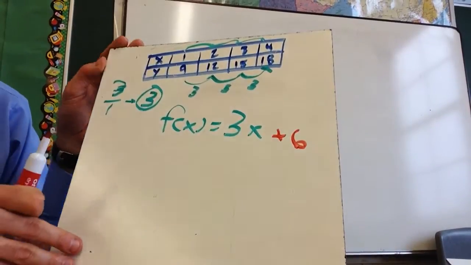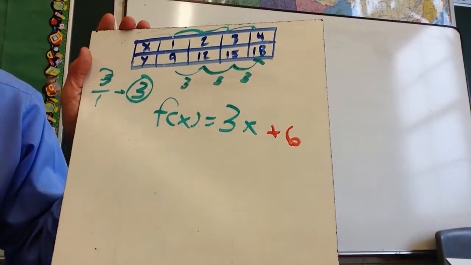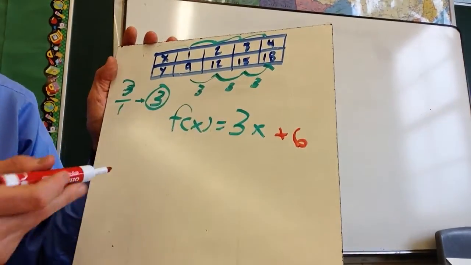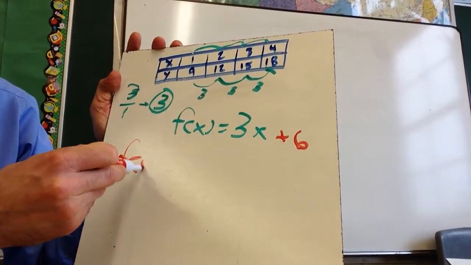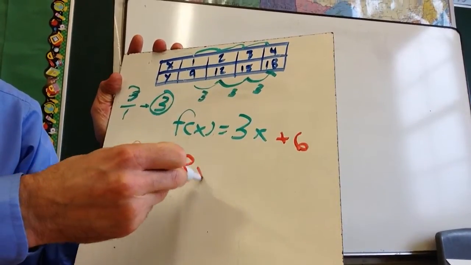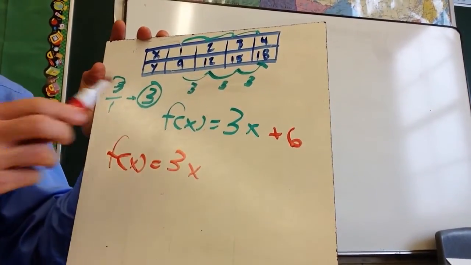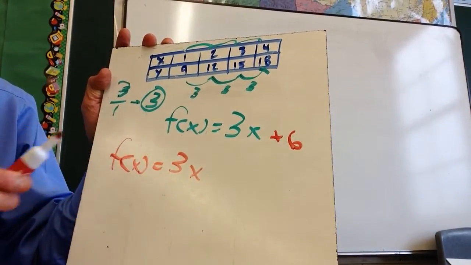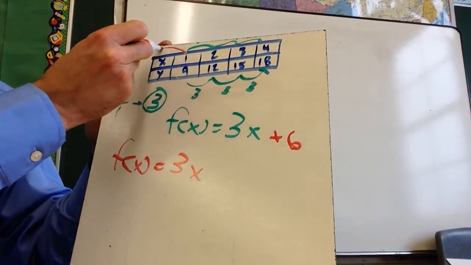Now, let's talk about the third way. The third way to solve this problem is to think about the common difference here, which is 3. So I got f of x equals 3x. Okay, so I'm taking this 3. We found the common difference. I'm putting it here. Then I want to take this back to 0.